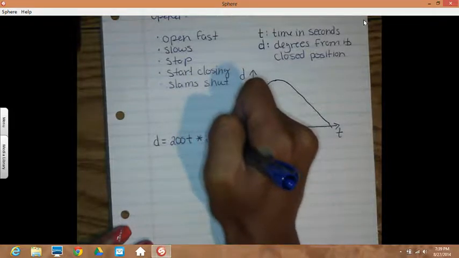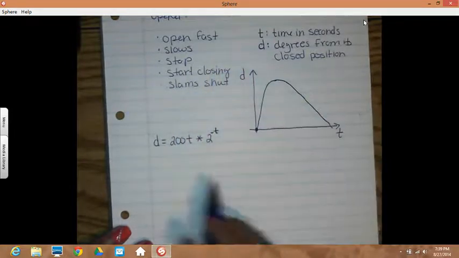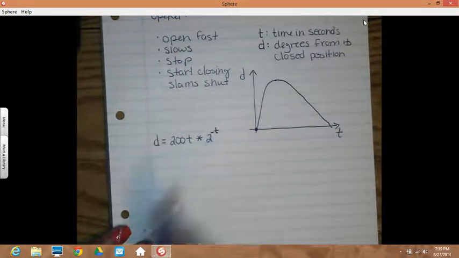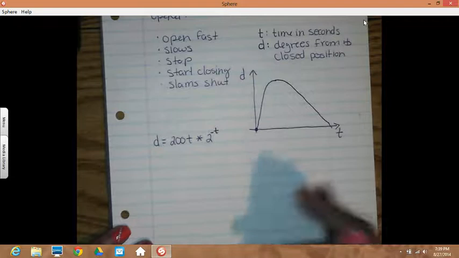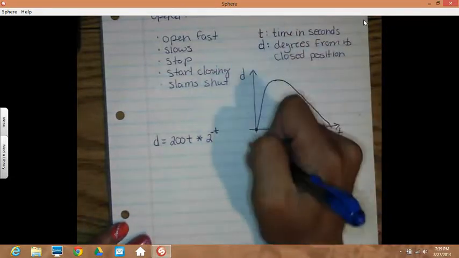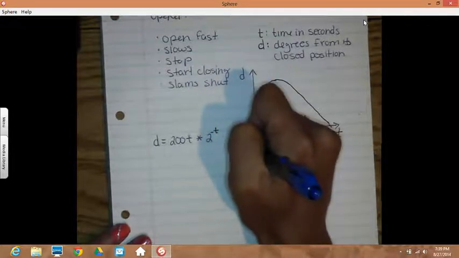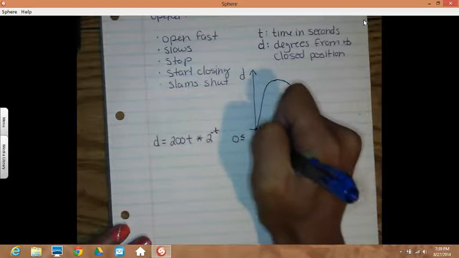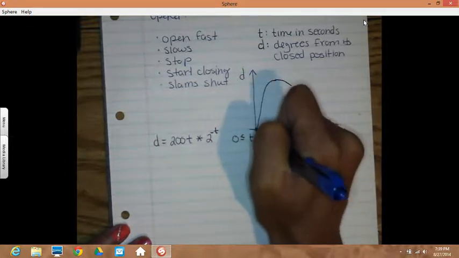So that's d = 200t times 2^(-t). And our domain is how long it takes the door to open and close. If you were in class, I'd ask you to give me a guess on how long you think it takes. This particular one, obviously 0 is where we're starting, takes 7 seconds from the open to the close.